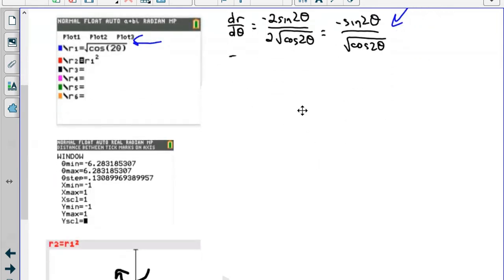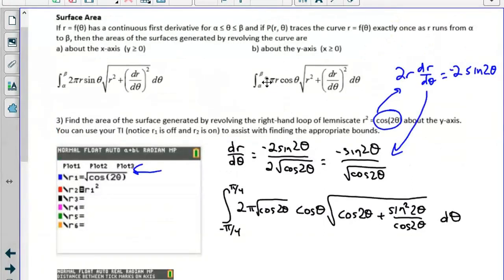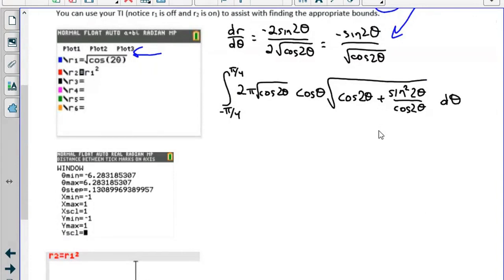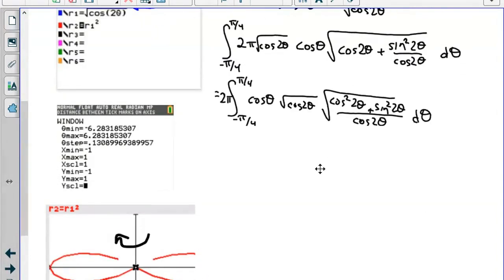Continuing this problem, I'm going to integrate, and this is kind of a nasty formula. So notice that I'm having 2 pi times r. r is root cosine of 2 theta, times cosine theta, times the square root of r squared, and r squared was already given, plus (dr/d theta) squared. So I'm going to take this and square it, d theta. Now, a lot of this ends up canceling out, so it works out really well.